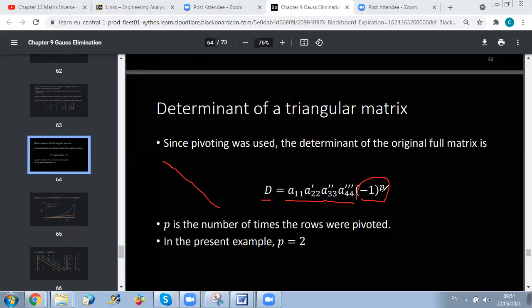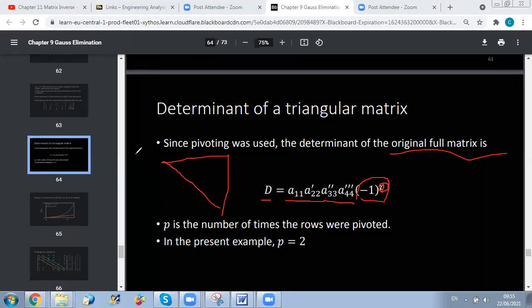So if the number of pivoting operations you performed is even, you will get an equal determinant. If it is odd, you will get the same magnitude but opposite sign of determinant between the original full matrix and the final upper triangular matrix.